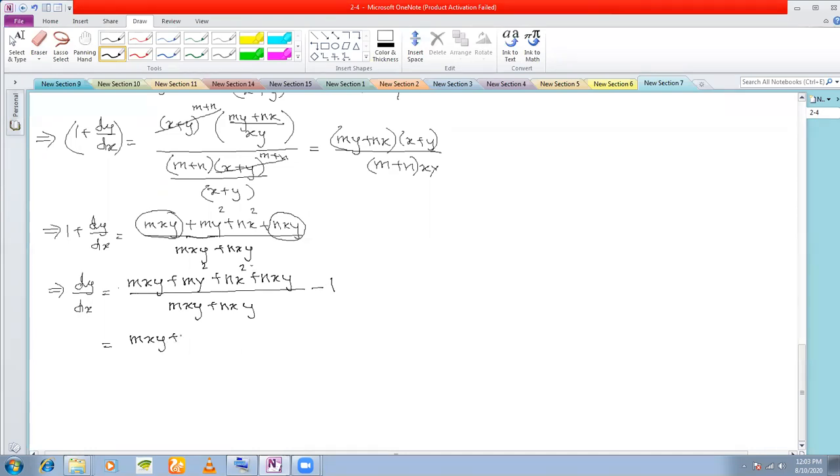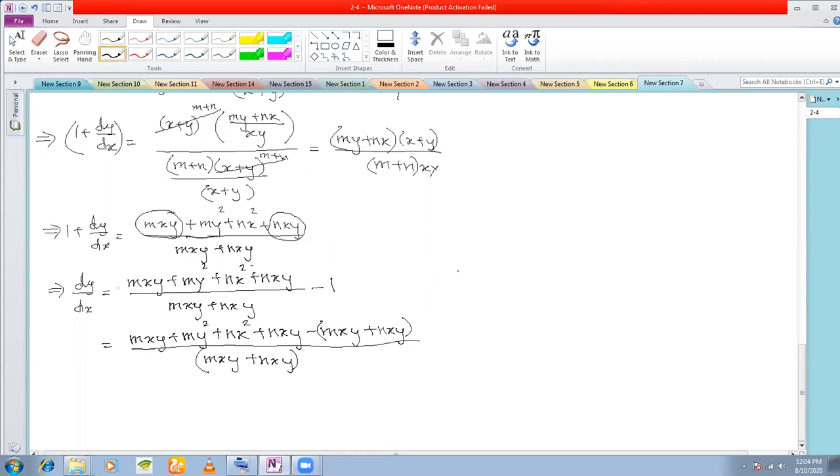my square plus nx square plus nxy minus (mxy plus nxy) whole divided by mxy plus nxy.